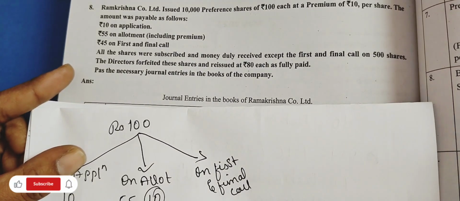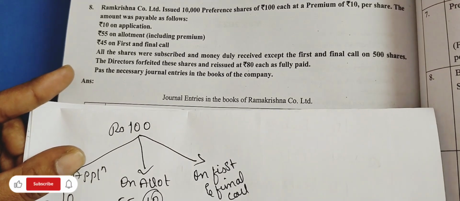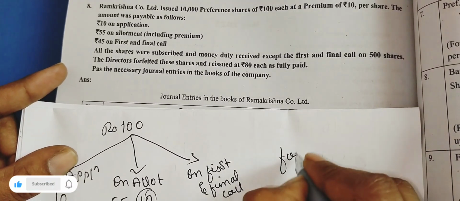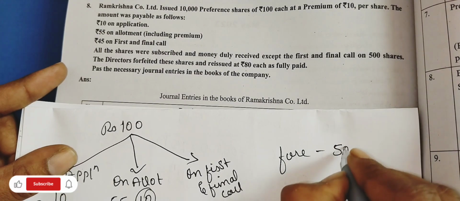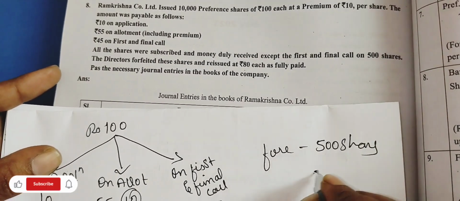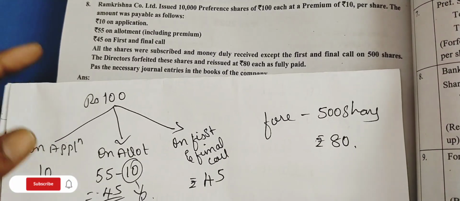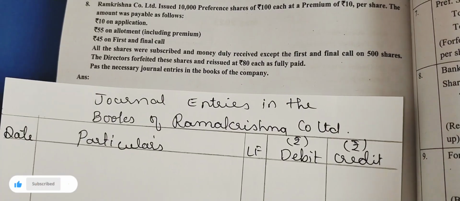First and final call is rupees 45. And how many shares have they forfeited? 500 shares. And what is the reissue value? Rupees 80 per share. Right. Now let us solve this question.